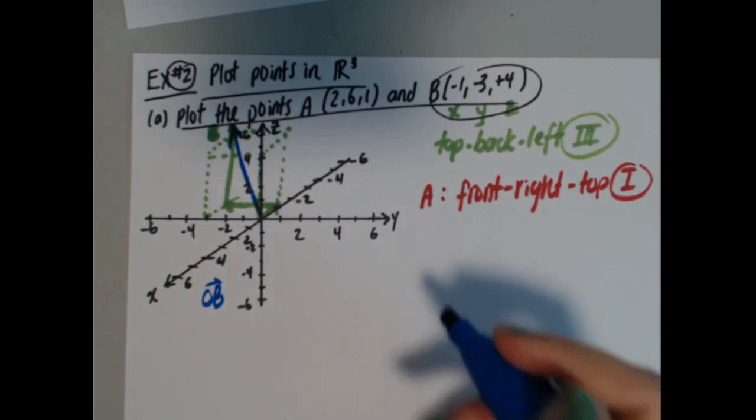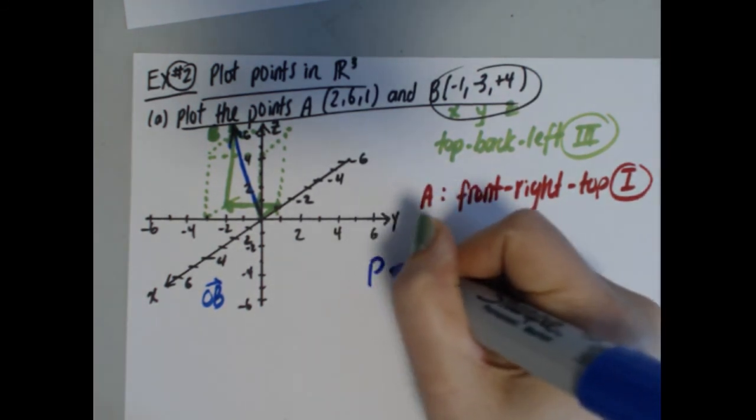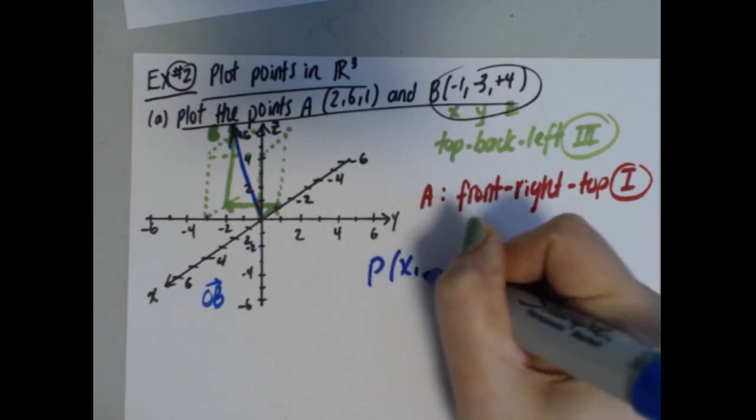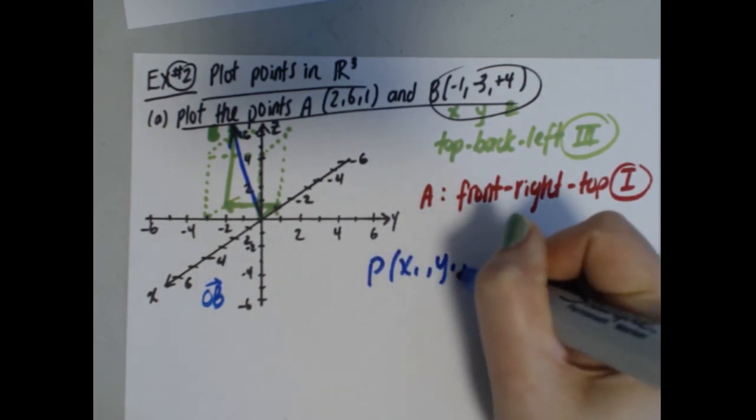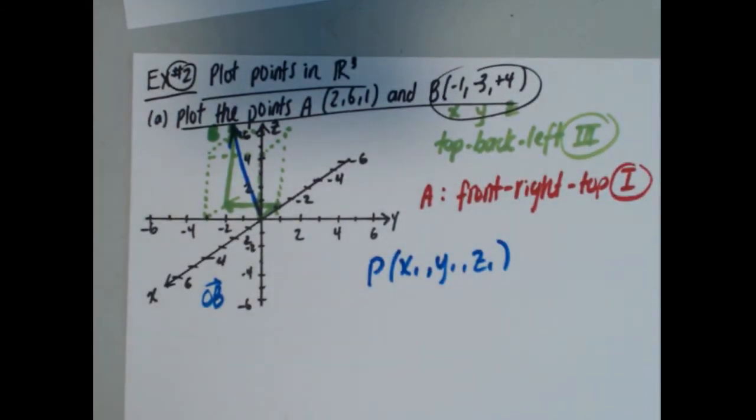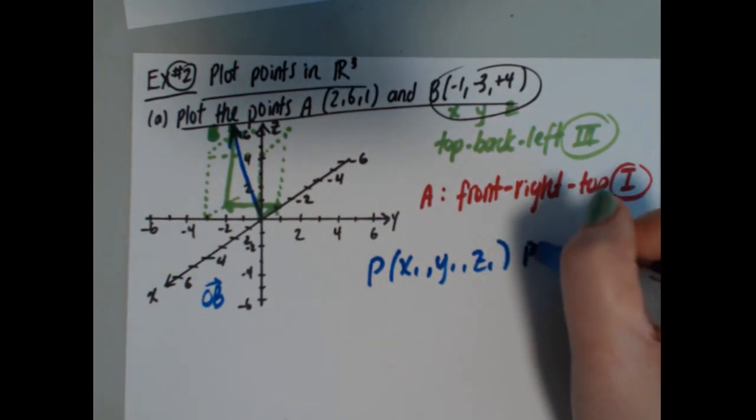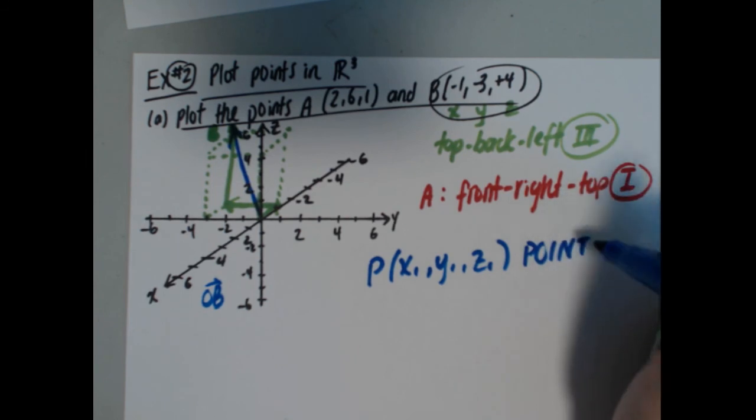Now, any point that you have in space is going to have some x-coordinate, some y-coordinate, and some z-coordinate. Let's say the coordinates are x1, y1, and z1. So this is your point.